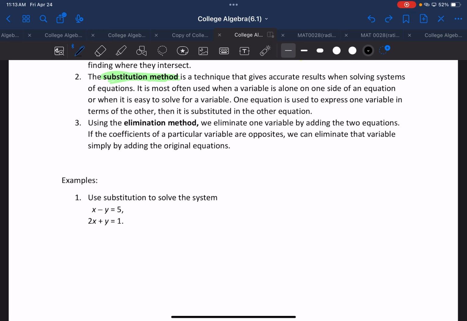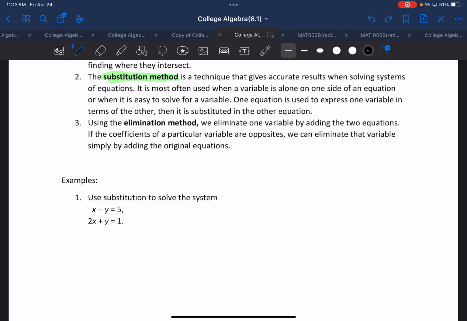If it's really easy to get one of those variables by itself, then we can use the substitution method. We do this by substituting one of these equations for one of those variables into the other. Then we solve that for that variable, and then we plug it back in and find the point.